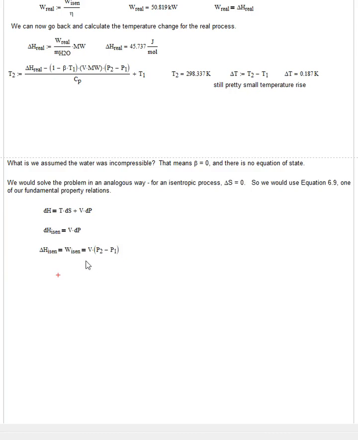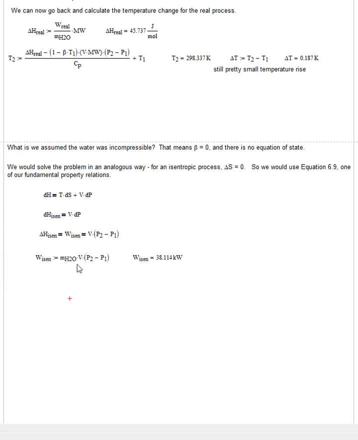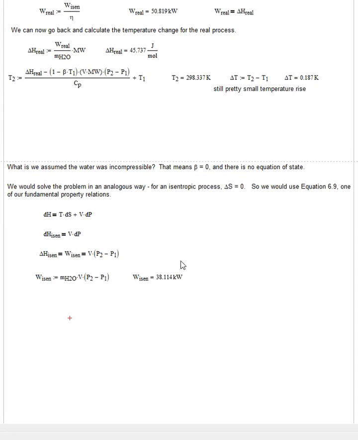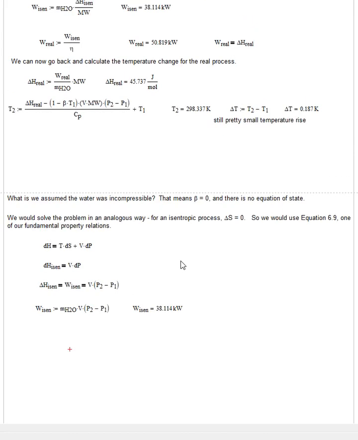And here's our integration, which is V times delta P. So we do that calculation, V times delta P, and I multiplied through by the mass flow rate just to get everything in kilowatts. And you can see we get 38.114 kilowatts. That should look familiar, right? That's exactly the same answer that we got to 3 decimal points where we included the beta term.